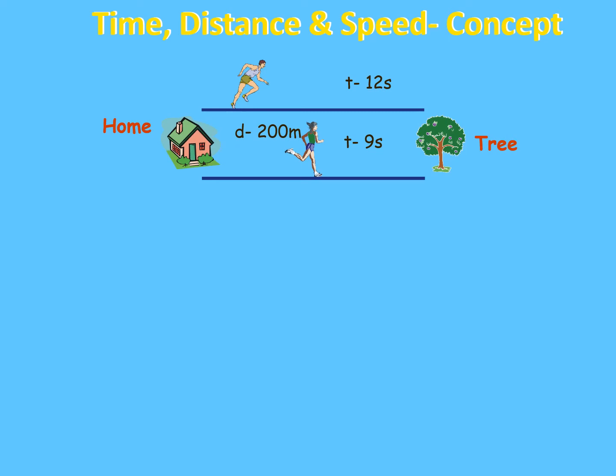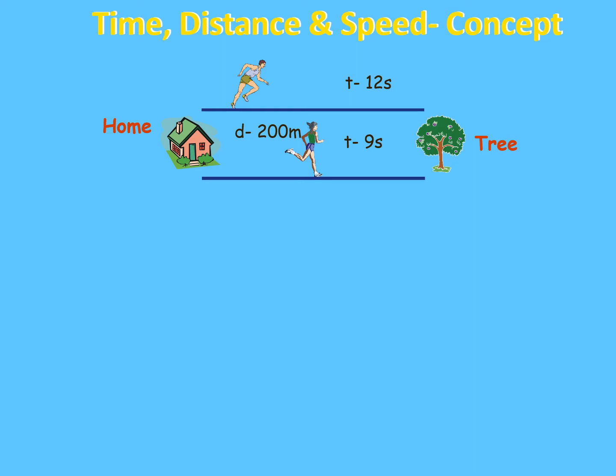Next, we have the time, distance, and speed concept. I want you to look at the picture. We have here a distance of 200 meters from home to the tree.